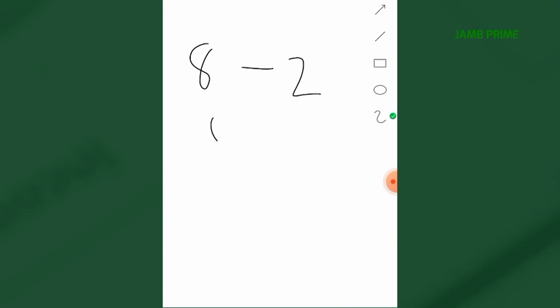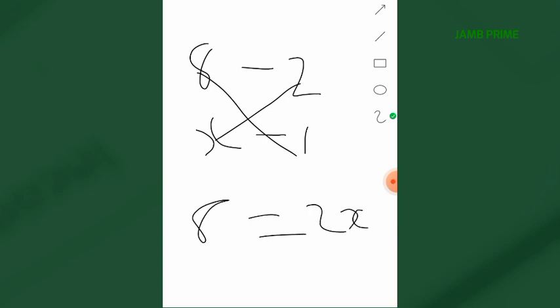Then we are looking for the volume of oxygen, and the mole of oxygen in the equation is 1. So by the crossing method I told you about, 8 equals 2x. Dividing both sides by 2, x will be equal to 4 centimeters.